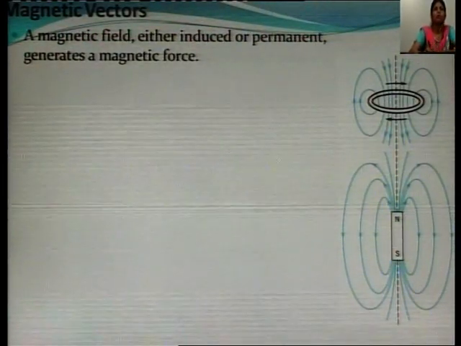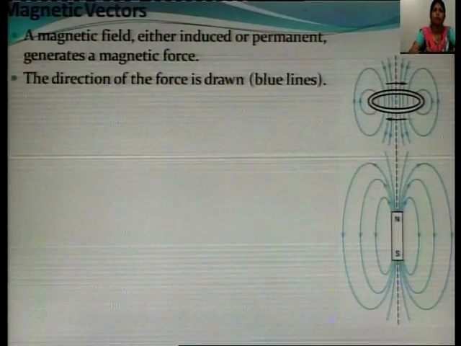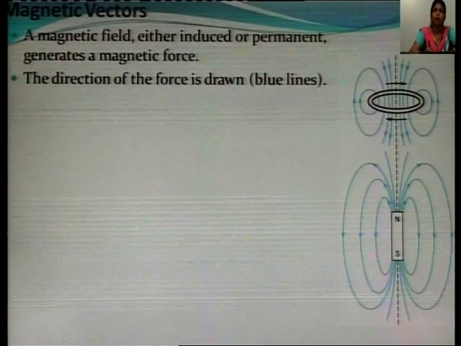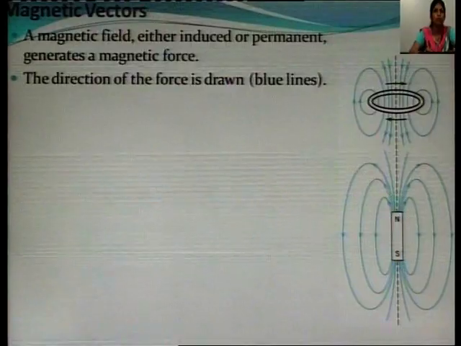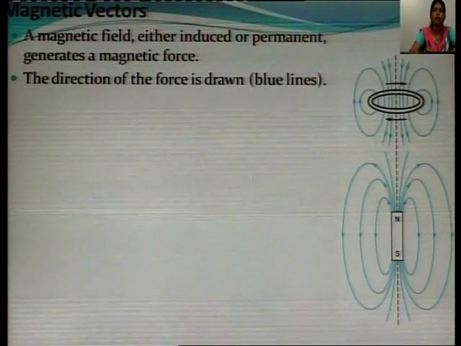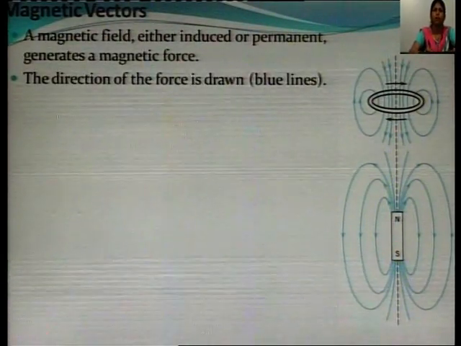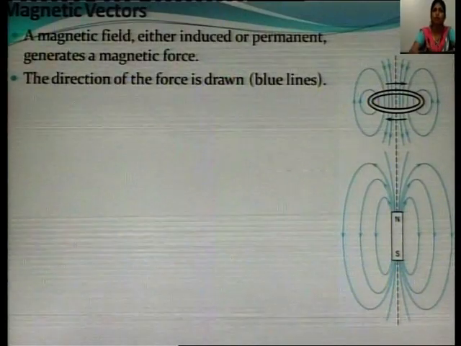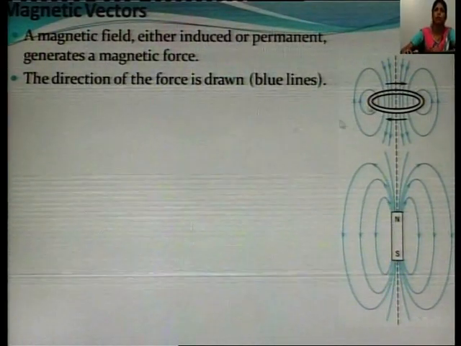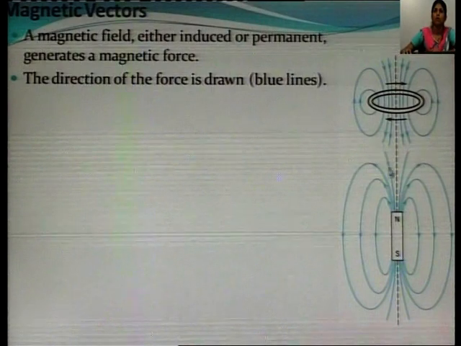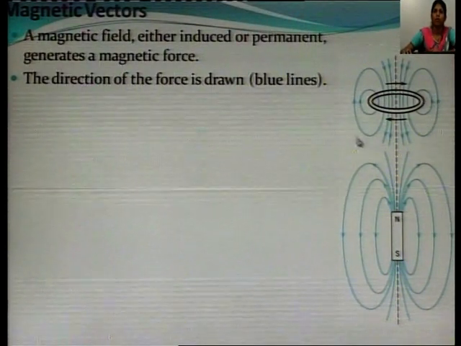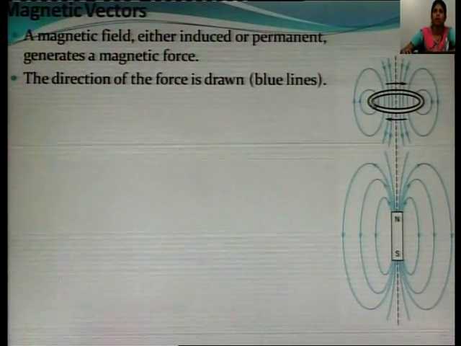Now next are the magnetic vectors. A magnetic field, either induced or permanent, generates a magnetic force. Now the direction of this force is drawn. These are represented as the blue lines. So these blue lines represent the magnetic force.